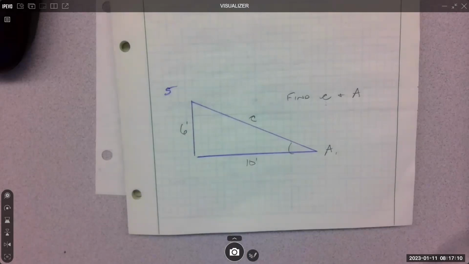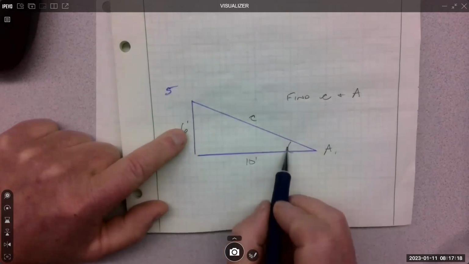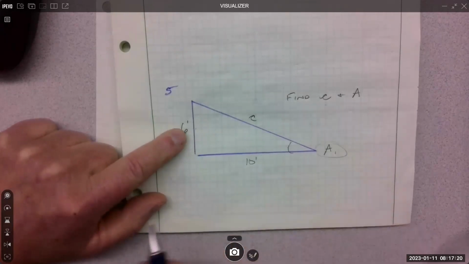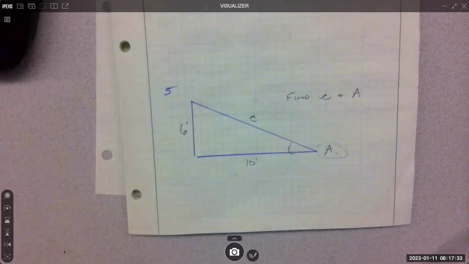Determine the length of the hypotenuse and the angle opposite the short side. So angle opposite the short side, I put it here and then I labeled it A. You don't have to label it A, but you've got to label it for me, so I know what you're doing, where it is. Put it on your graphic so I can see what you're doing.